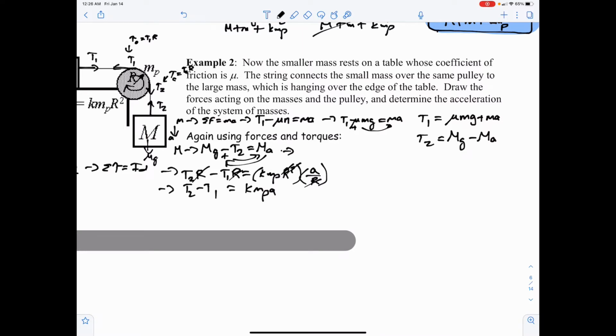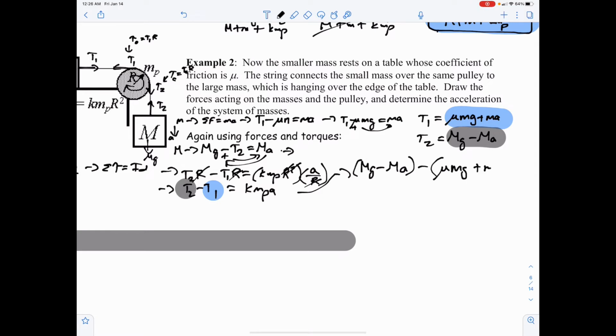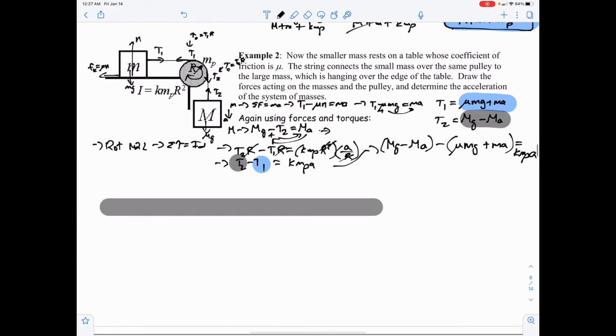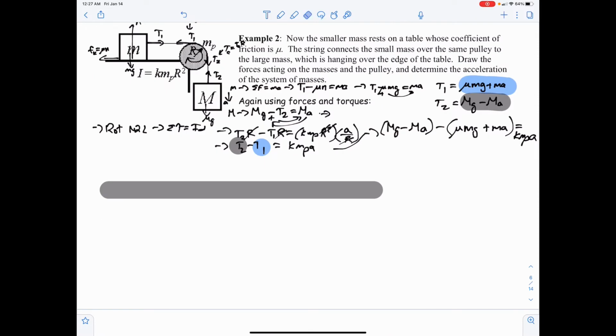All right, at this point, let's substitute this value right there for T1, and let's substitute that value right there for T2. So T2 is going to be big Mg minus Ma, and then minus T1, which is mu mg plus ma, is equal to K m_p a.